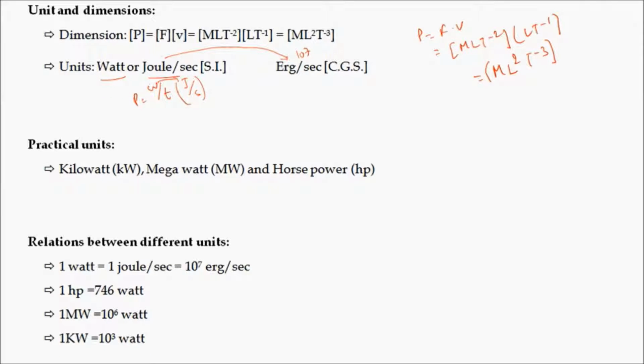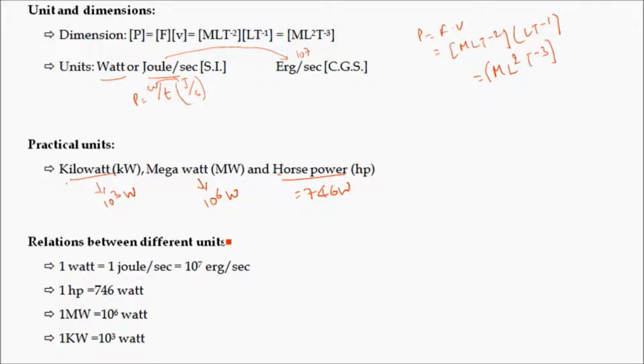However, power has some practical units also, and we call them kilowatt, megawatt or horsepower. Kilowatt, we know, is 10 to the power 3 watt, megawatt is 10 to the power 6 watt, and horsepower is equal to 746 watt.